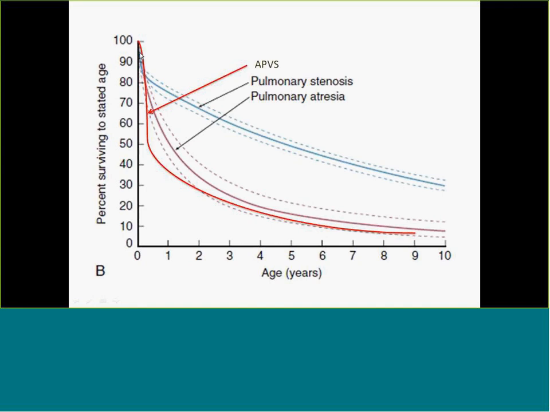But after that almost 70 to 80% survive the first 1 year of age, and 30% survive to 5 years of age. And then there is a gradual mortality, and by the age of about 40, 55% or 90% of them have died.